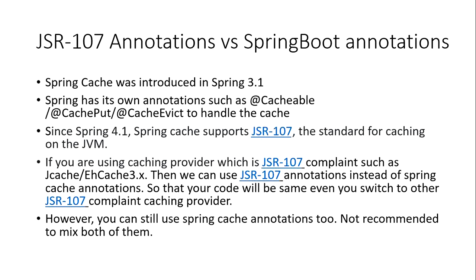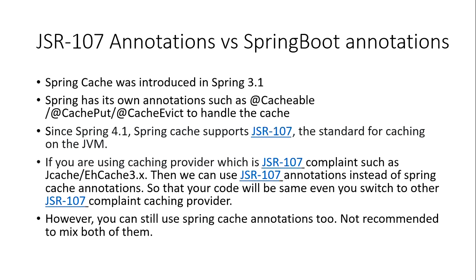That particular team has come up with the standard annotations so that all vendors, that means all caching providers who want to give an implementation for caching in a standard way, are supposed to implement this JSR 107 annotation. In future, if a developer wants to switch to some other caching provider, he need not change his code. It's a standard way.